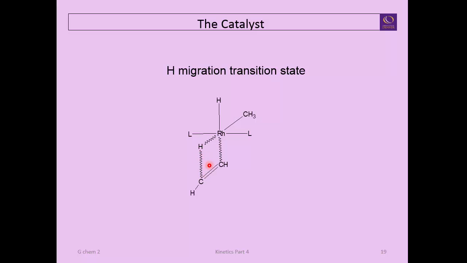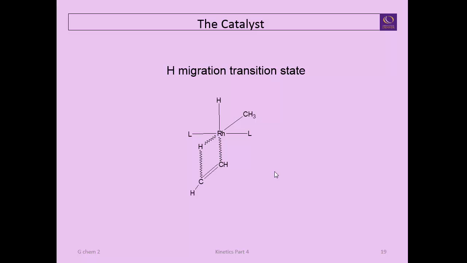That's one of the keys. That's a hydrogen migration. It migrated off the hydrogen molecule and onto the double bond. So that's one of the transition states. But you can see once again, we got proximity, we held it in position for this to happen, and we also softened up the bond.